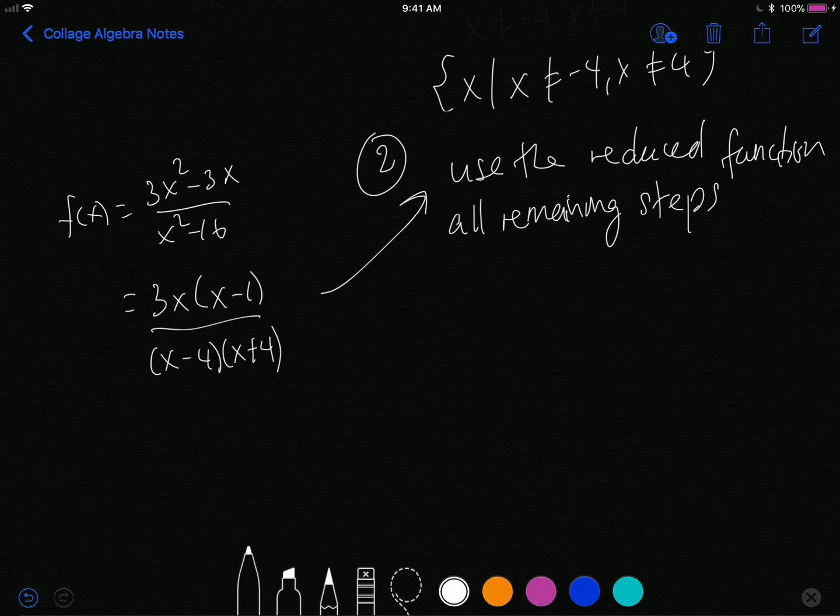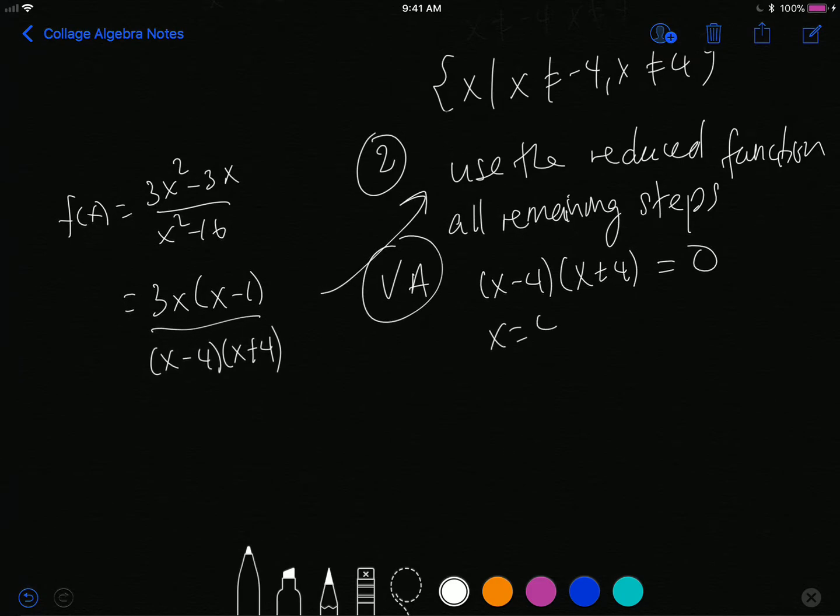So to find the vertical asymptotes, which is step number 2, you set the denominator not equal to 0: x minus 4, x plus 4 equals 0. So x equals 4, x equals negative 4, and those are my two vertical asymptotes.